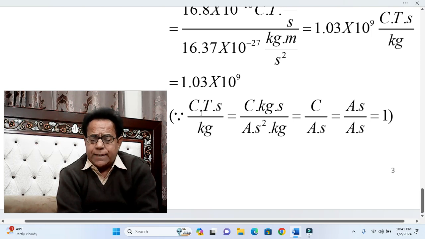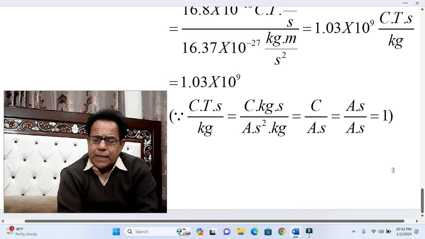coulomb into Tesla into second over kilogram is equal to coulomb into kilogram into second over ampere into second square into kilogram. Now we see what is the difference between the first step and the second step. In the first step coulomb, in the second step also coulomb. In the first step second, in the second step also second, no change.